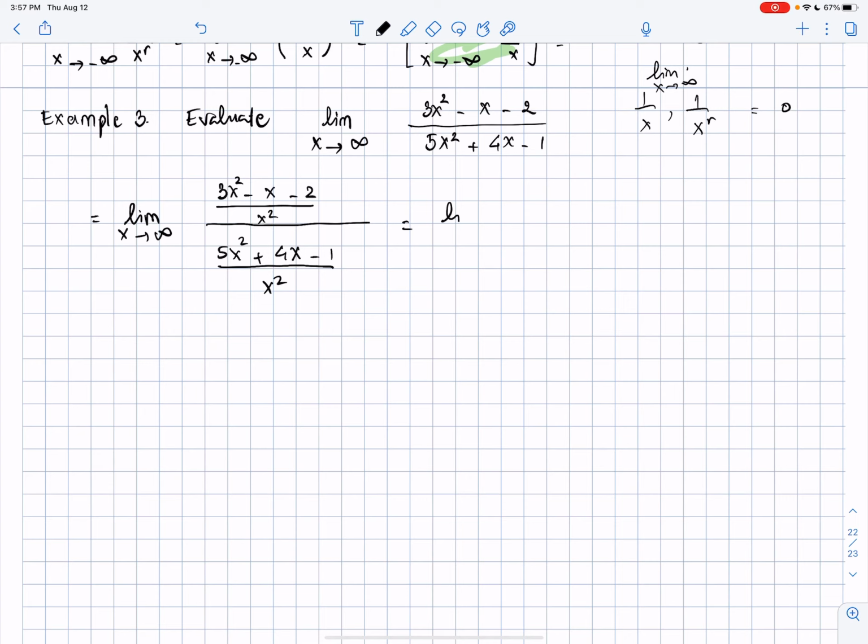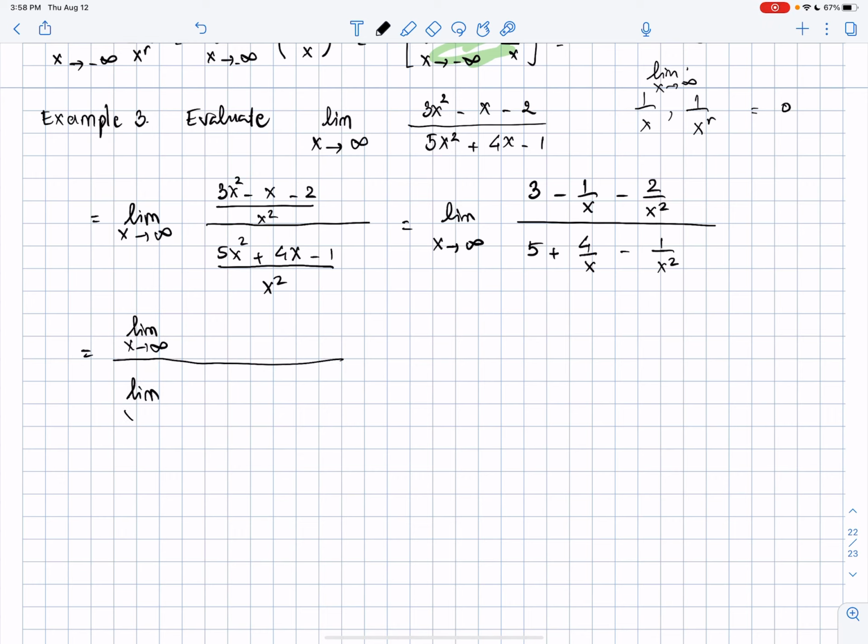Then the limit as x approaches infinity. What we get is 3 minus 1 over x minus 2 over x squared, and then 5 plus 4 over x minus 1 over x squared. This is a quotient, so it can be the limit of the top over the limit of the bottom. So we can separate them.